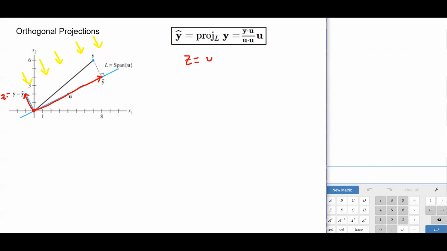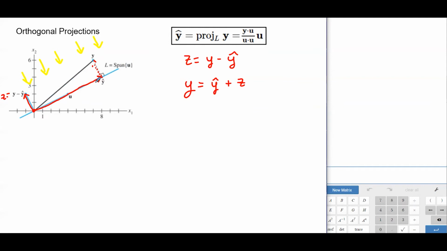So z is y minus y hat, or you could say y is y hat plus z. So z is orthogonal to u and orthogonal to y hat, and y is the sum of those two vectors. If I picked this vector up and placed it here, you see it's just the parallelogram rule. So y is the diagonal of that parallelogram.